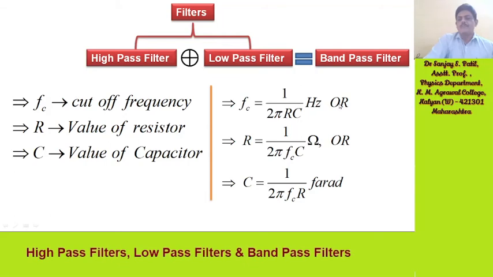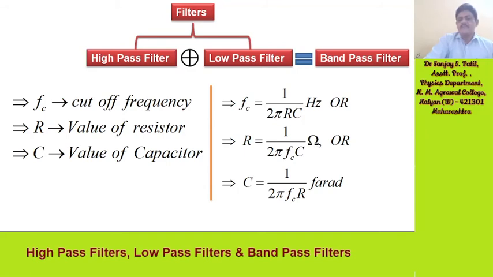Or if we want to find resistor, if cutoff frequency is known and value of capacitor is known, then value of resistor can be calculated, which is R is equal to 1 upon 2 pi Fc into capital C, in ohm.